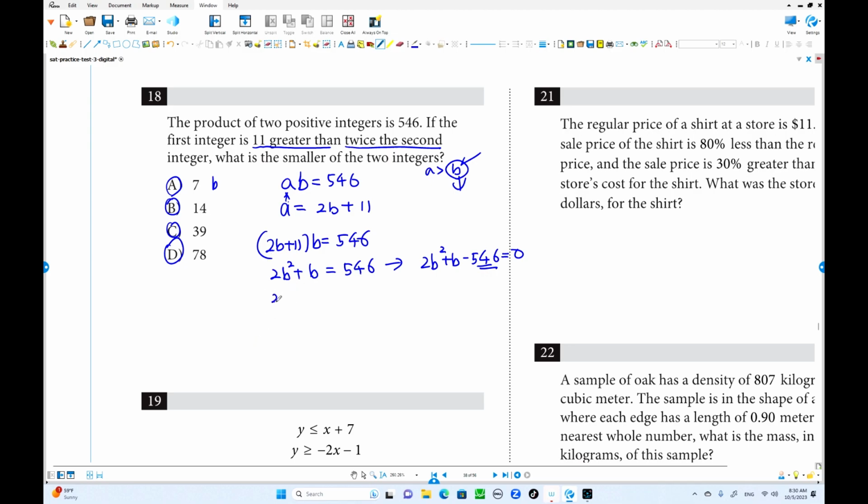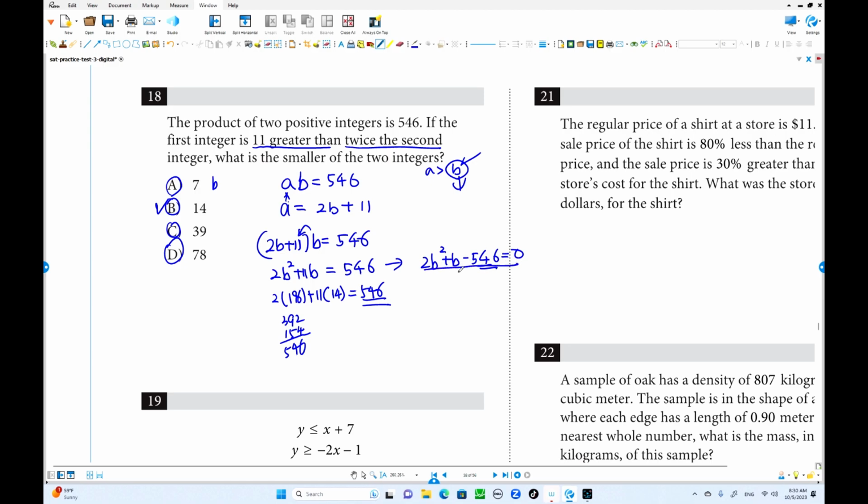Try 14. 2 times 14 squared is 392, and I forgot, this is 11B, sorry about that. 11 times 14 is 154. Add them and that is 546. Use your calculator, okay? That's fine. So this is the answer.